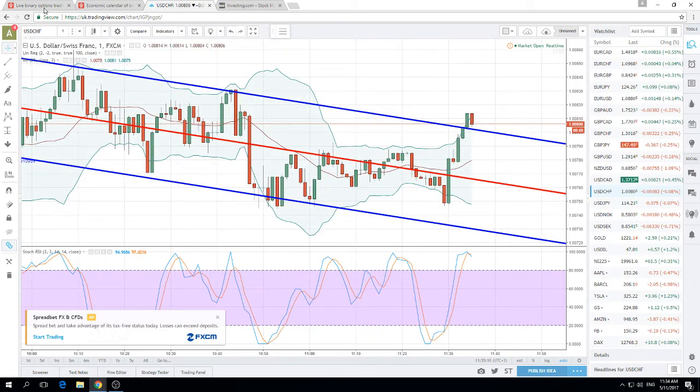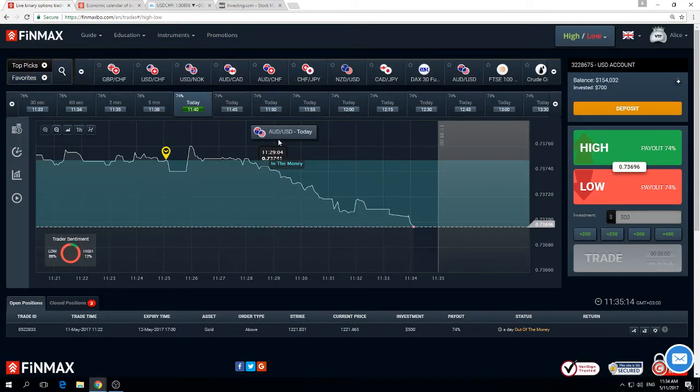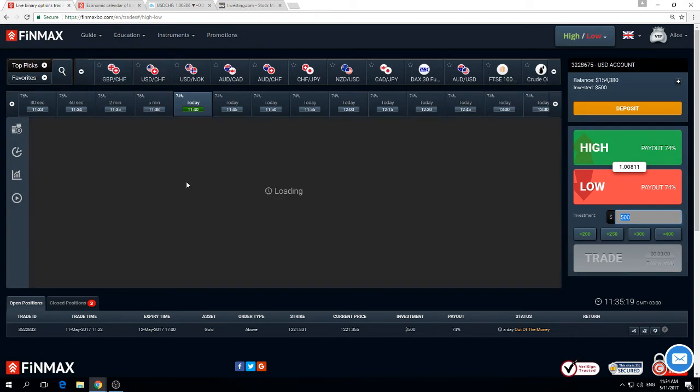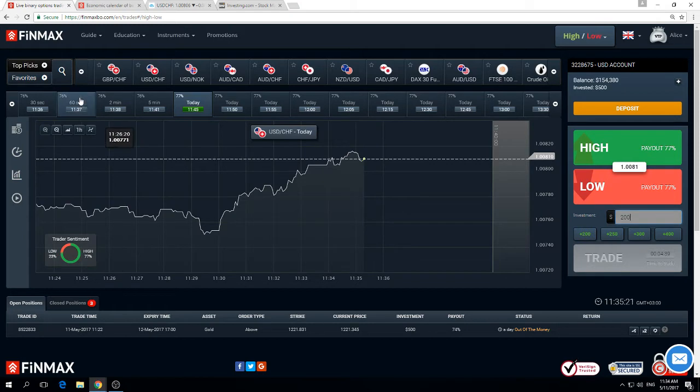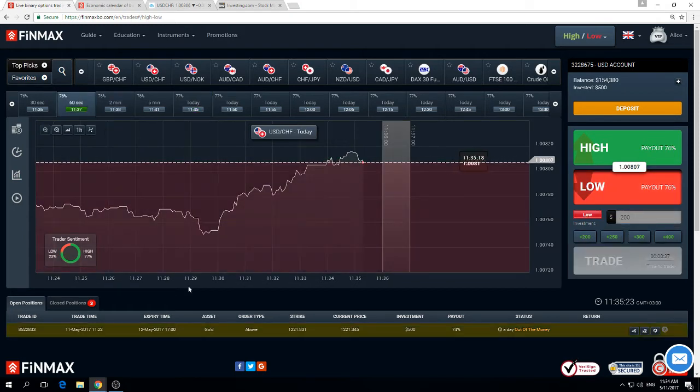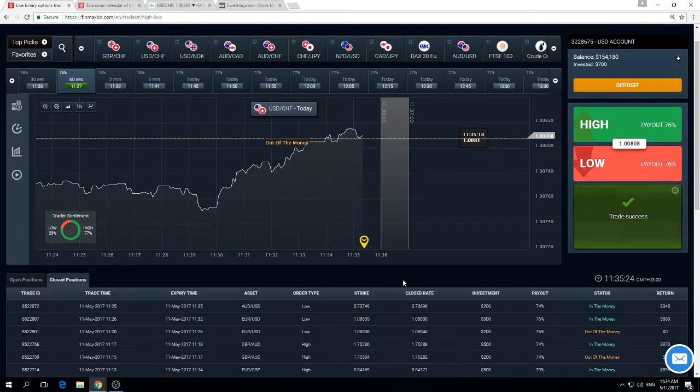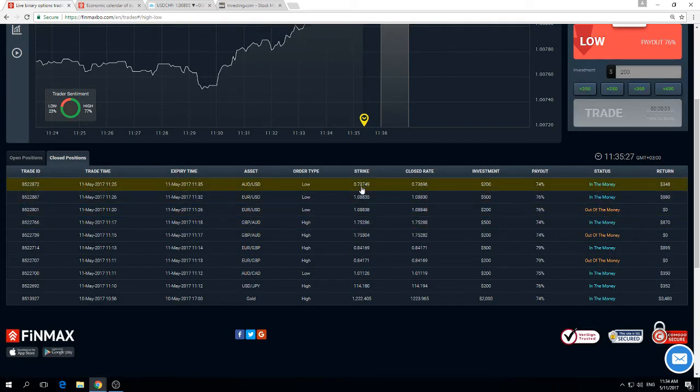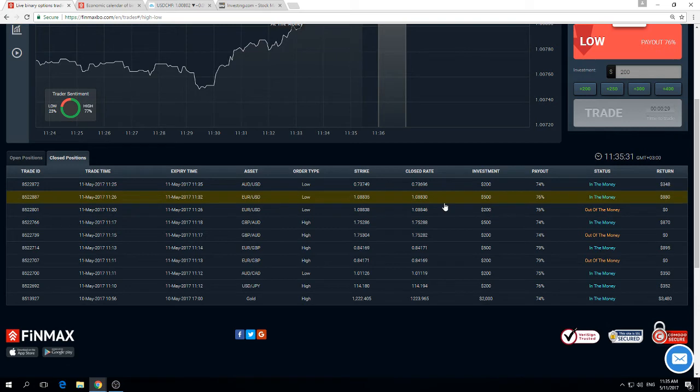American dollar to Swiss franc. Well, pretty interesting. So I will enter as well for 1 minute. And check the previous trades that I had. Okay, so the Australian dollar expired in the money.